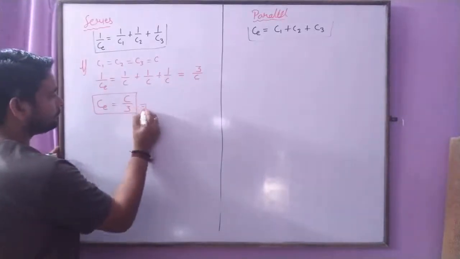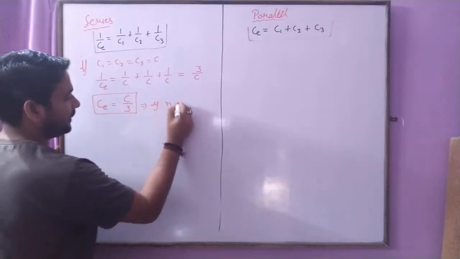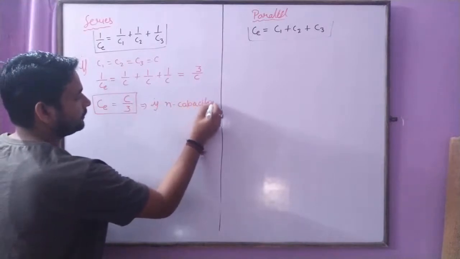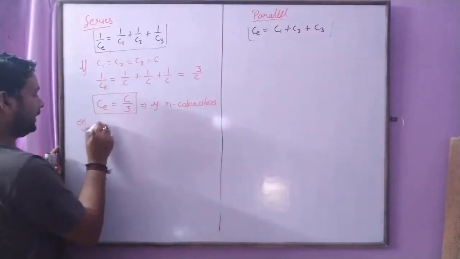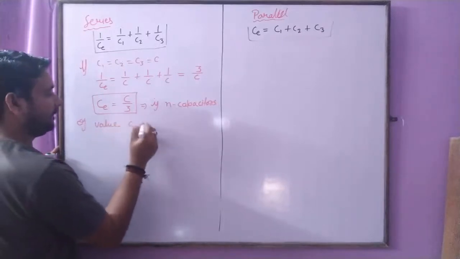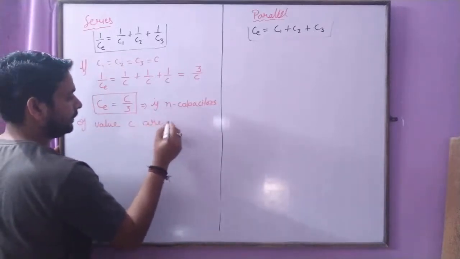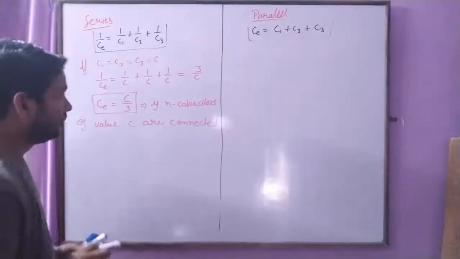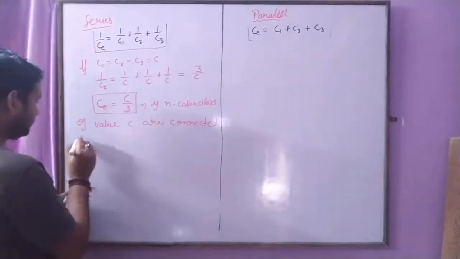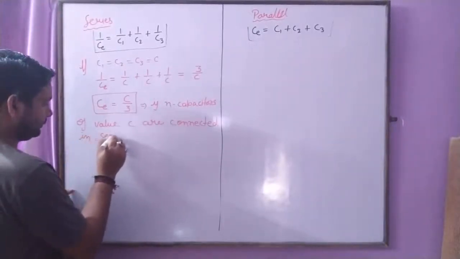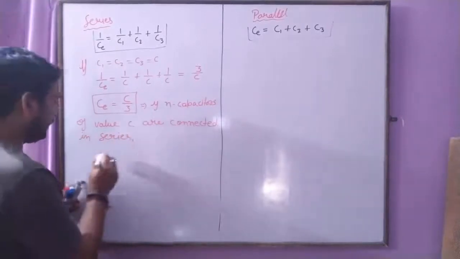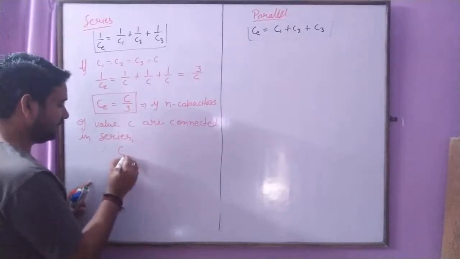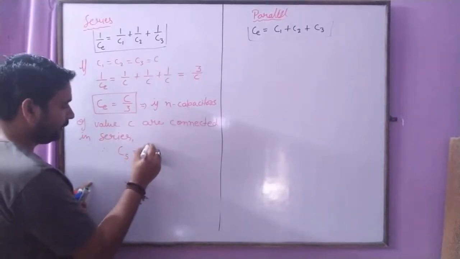Now if n capacitors of value C are connected in series, we get the result: C equivalent in series is equal to C by n.